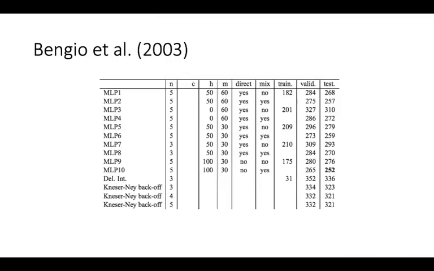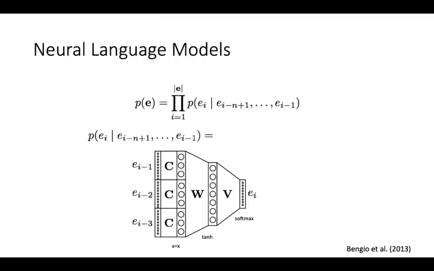Yeah. So we want to estimate the translation probability, the conditional probability of e_i given, for example, the 3 previous words, and we want a model to capture the context. We can represent each word by a word vector, and then go through some layers.